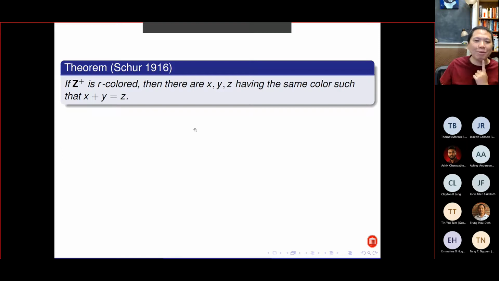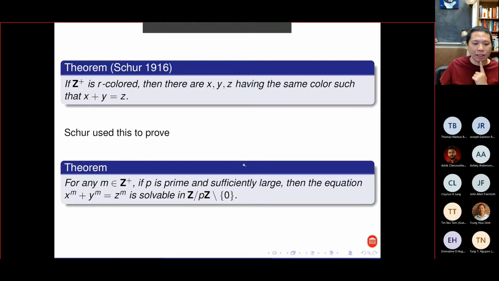Okay, so why did Schur care about this theorem? The reason Schur was interested in this theorem was that he studied Fermat's last theorem, not in the integers, but in cyclic groups. So we know that Fermat's theorem says that the equation x to the m plus y to the m equals z to the m does not have solutions in the integers, right?